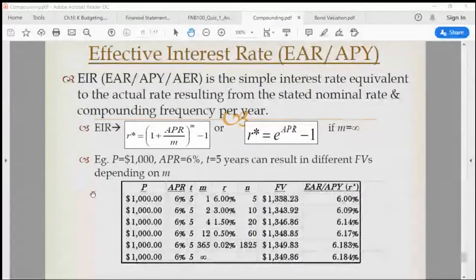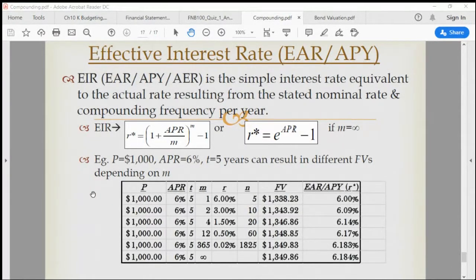So today's topic is effective interest rate or APY. So what is effective interest rate or APY?